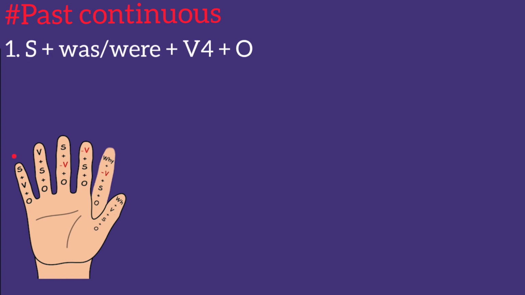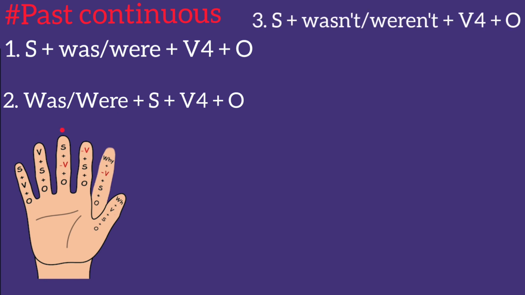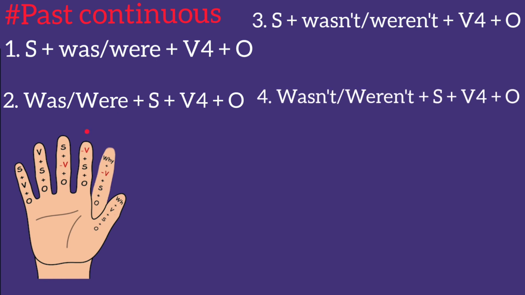Subject plus was, were plus V4 plus object. Was, were plus subject plus V4 plus object. Subject plus wasn't, weren't plus V4 plus object. Wasn't or weren't plus subject plus V4 plus object.